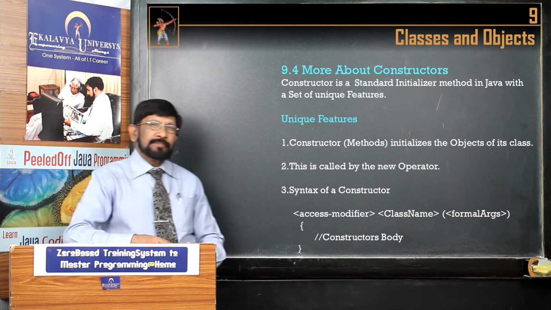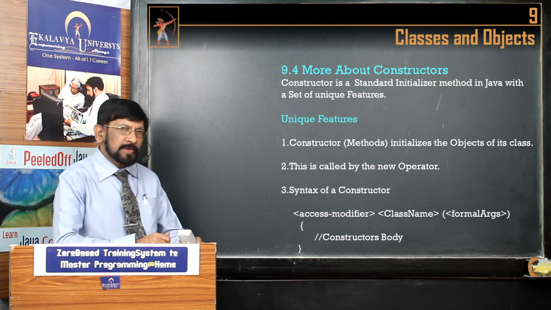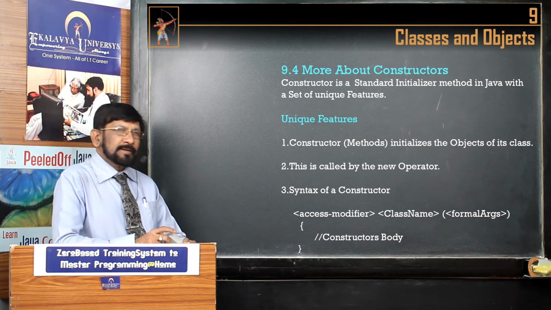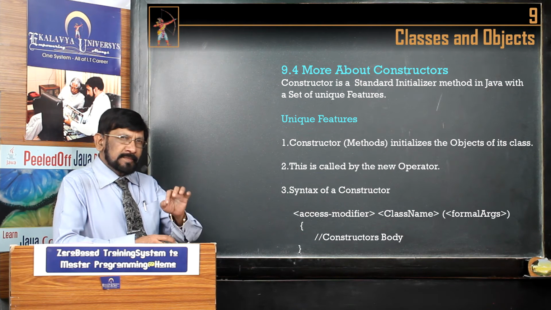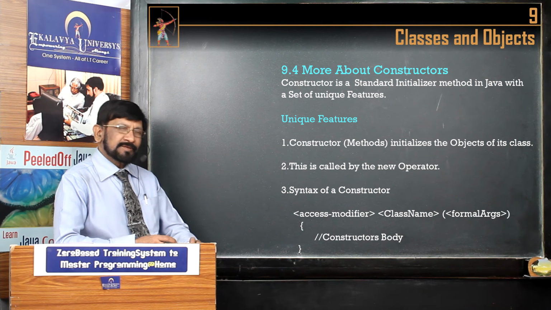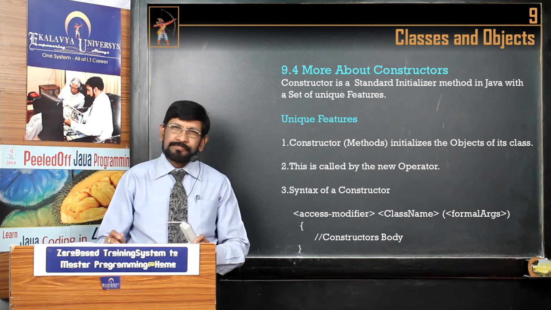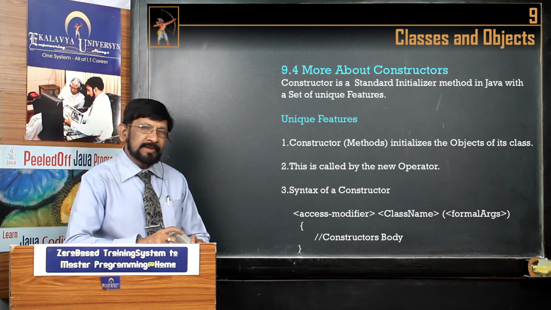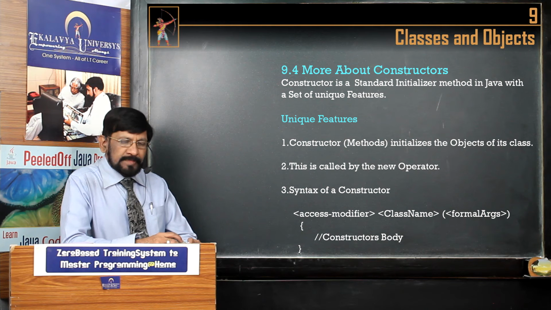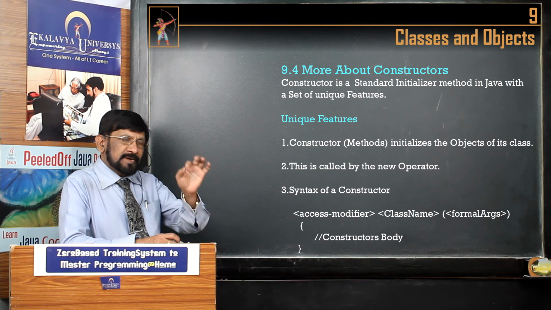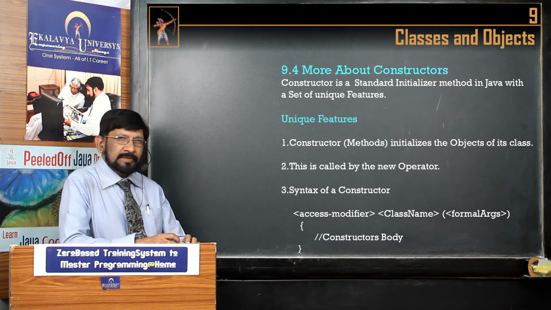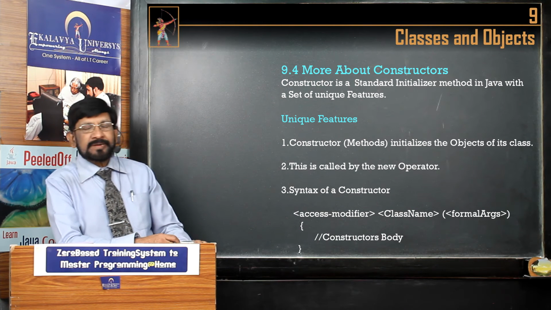Whatever name is relevant, we may use. In order to standardize this process, Java created constructor methods. Actually, it does not look like a method, but you can understand it as a method. So, you simply understand that Java standard initializer methods are known as constructors.